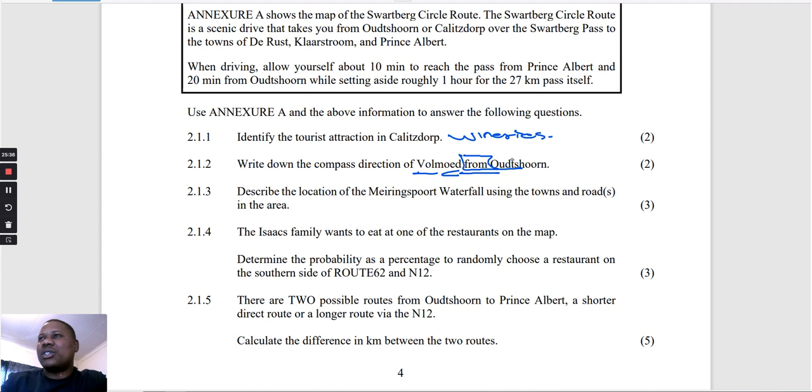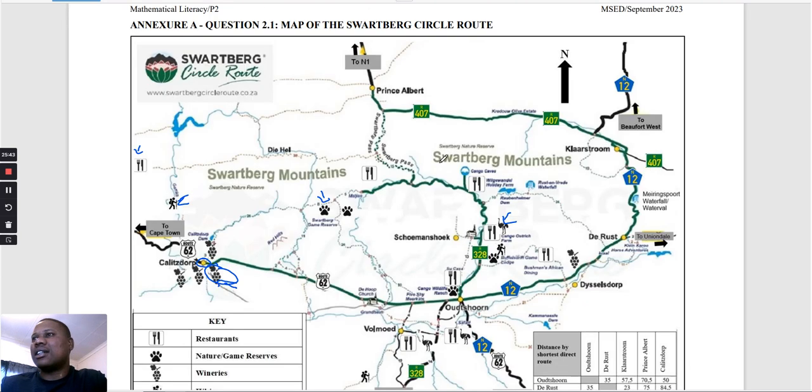That means your starting point is here and you end here. Let's go and check these 2 places. Where is the Woolmoot? Okay, Woolmoot is here. And remember, this is the most important thing. Where is your north? Your north is on top. Every time you draw the compass on this map, your north should be on top. And then where is the Oaththorn? Okay, here it is.